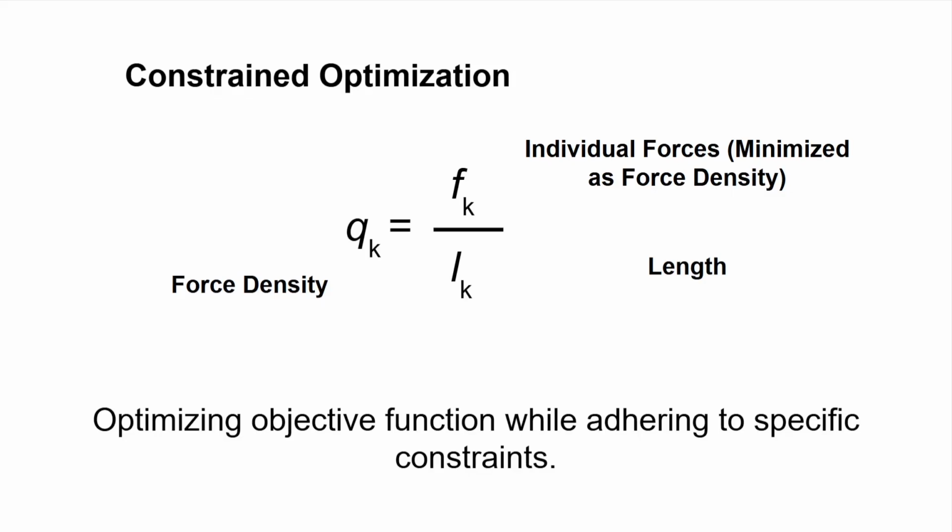So one concept is constrained optimization. As you can imagine, and we'll see this, tensegrity structures are quite complex, and you want to be able to optimize them for the properties of tensegrity. You can generate a lot of different types of structures, but only a small subset of those are tensegrity structures, having all the properties that you would like.